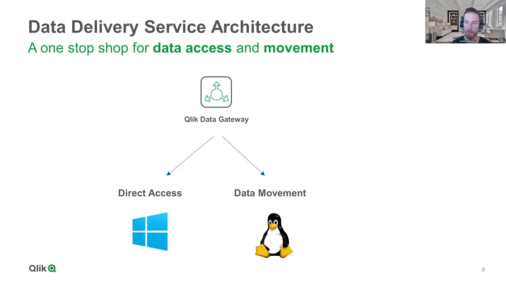The direct access one, which you use inside the Qlik Sense app, for that one you should install a Windows client on your database server or near your database server in your on-premise setup. The data movement part, which is basically what used to be Qlik Replicate, is a Linux component. So it will run on a Linux box in your on-premise setup.